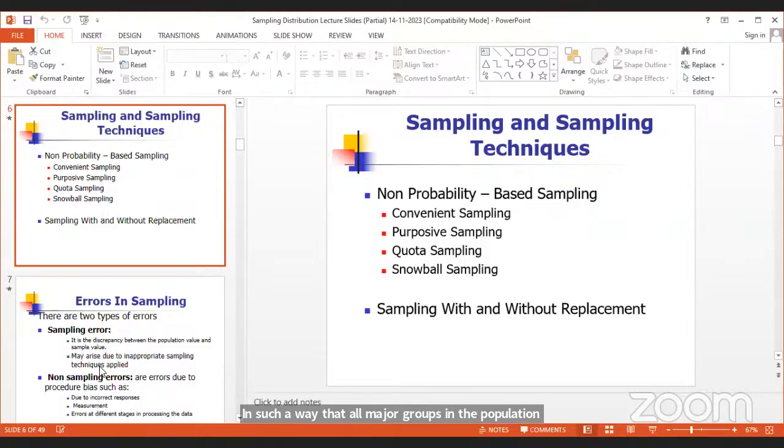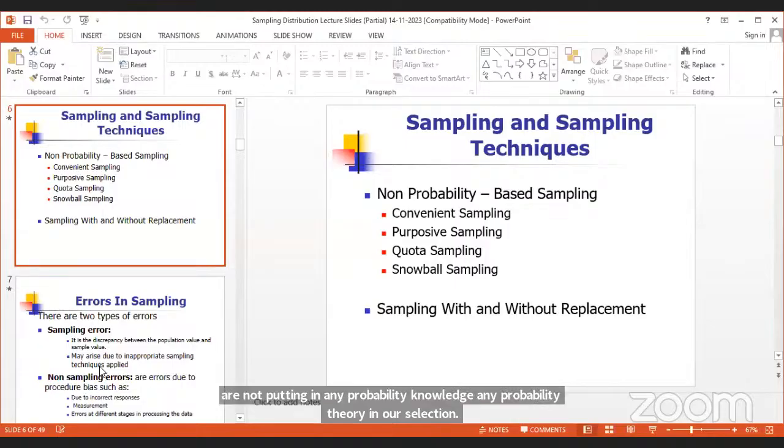So you can see that for convenience, for purposive, for quota, we are not using any random techniques. We are not employing any chance mechanism. We are not putting in any probability theory in our selection. We select based on some peculiarity.